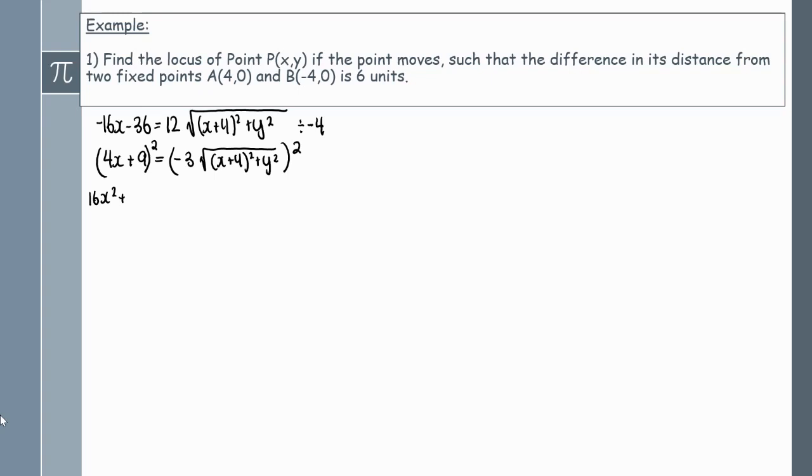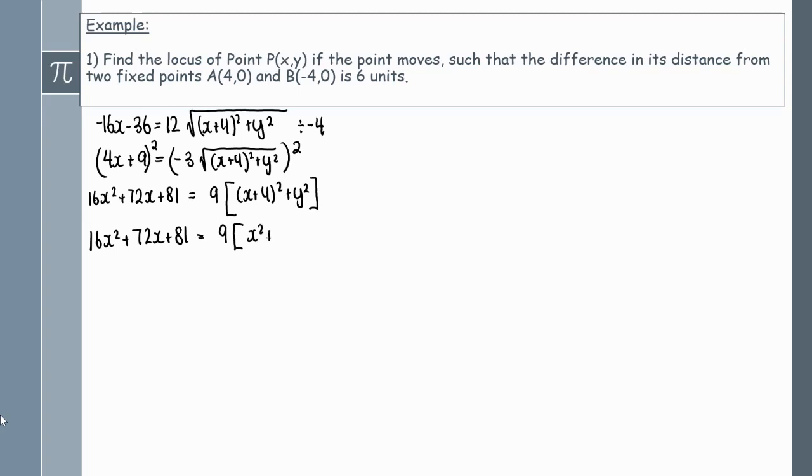On the left-hand side, we get 16x squared plus 72x plus 81. And that's going to be equal to, so square minus 3, that's just 9. And then remember, multiply that 9 by, or remove the square root, (x plus 4) squared plus y squared.